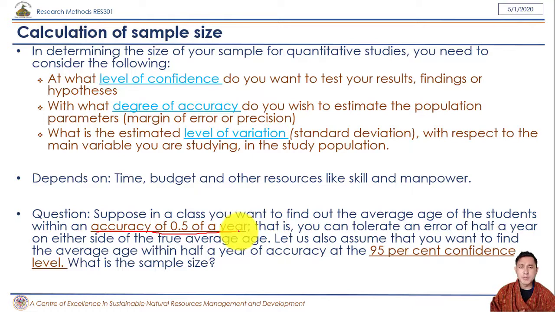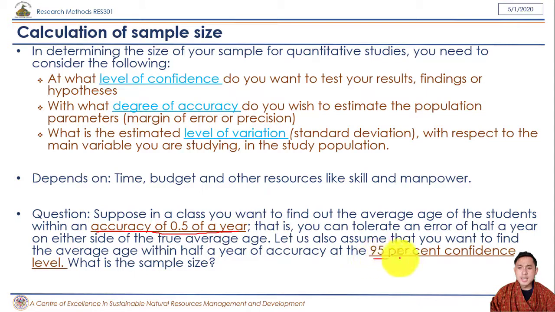So 21.5 is the lower bound of my error, 22.5 is the higher bound, and 22 is the actual age that I want to find out. I do not want the error to be more than plus or minus 0.5. So that's accuracy.